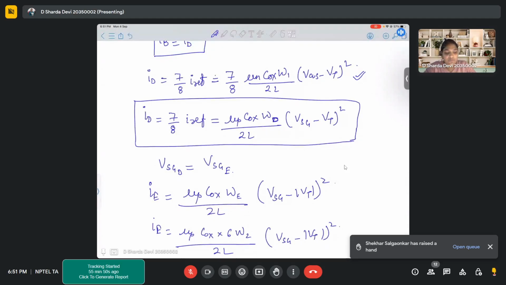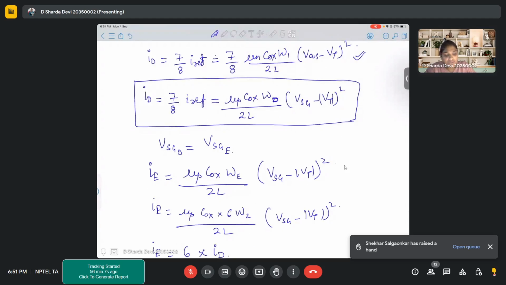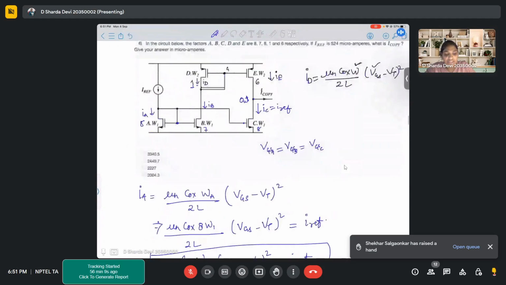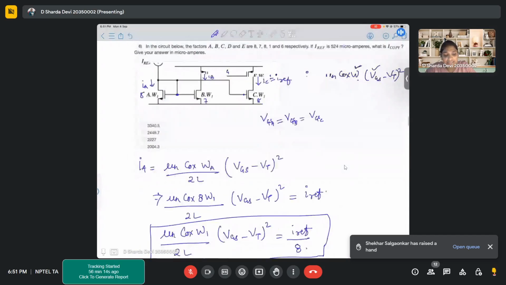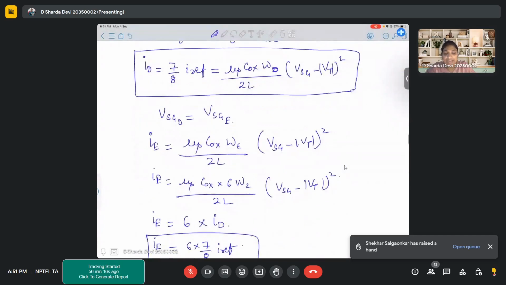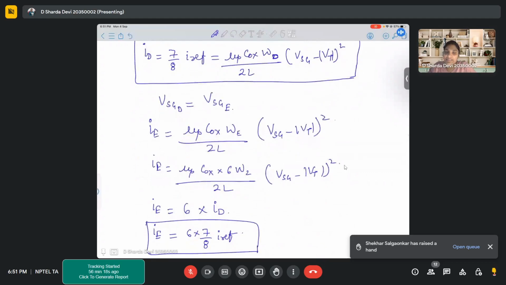So I'll get mu p Cox WD by 2L times VSG minus VT whole square. Now, since WD is W2, because the factor was 1, 1 times W2, so WD is equal to W2. Now what I did, I wrote down my IE again as a current equation for IE.